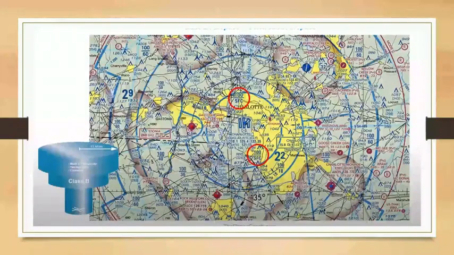So that denotes 10,000 feet MSL, mean sea level, where SFC is surface, up to 10,000 feet MSL. So the center, within a 5-mile radius of that airport, runs from the surface up to 10,000 feet, the first shelf of the airspace.